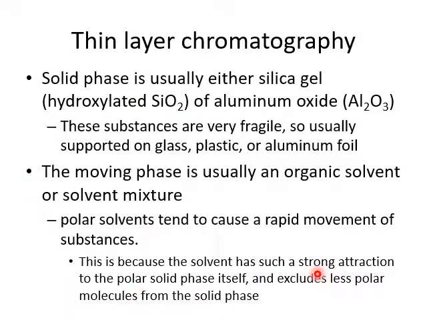This is because the solvent has such a strong attraction to the polar solid phase itself, right? And excludes less polar molecules from the solid phase. So like a garden hose, it'll be able to clean the surface much more efficiently, because the flow is going faster as the moving phase becomes more polar.